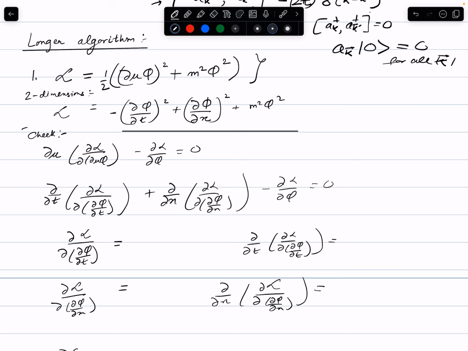This is in 2 dimensions. So this is the Lagrangian, and you can check that it is the correct Lagrangian, the one that produces the equation of motion that I gave you.